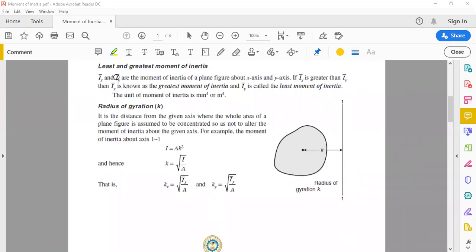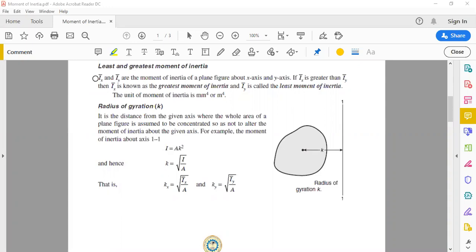Similarly, Iyy and Iy bar also are the same. So what is least moment of inertia and what is greatest moment of inertia? When we compare the values of both Ixx and Iyy, whichever is the greatest will be greatest moment of inertia, and whichever is the least will be the least moment of inertia.